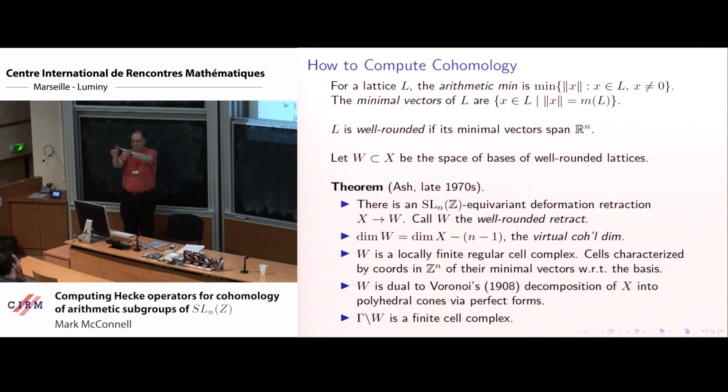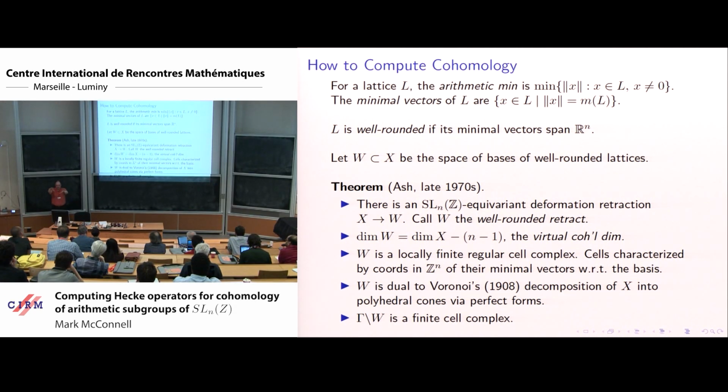The elements of W just are some lattice basis that's well-rounded. The minimal vectors may be somewhere else, but the coordinates of the given basis lie in Zn with respect to the minimal vectors, and the cell is the locus where those coordinates are constant as you vary the thing under small perturbations.